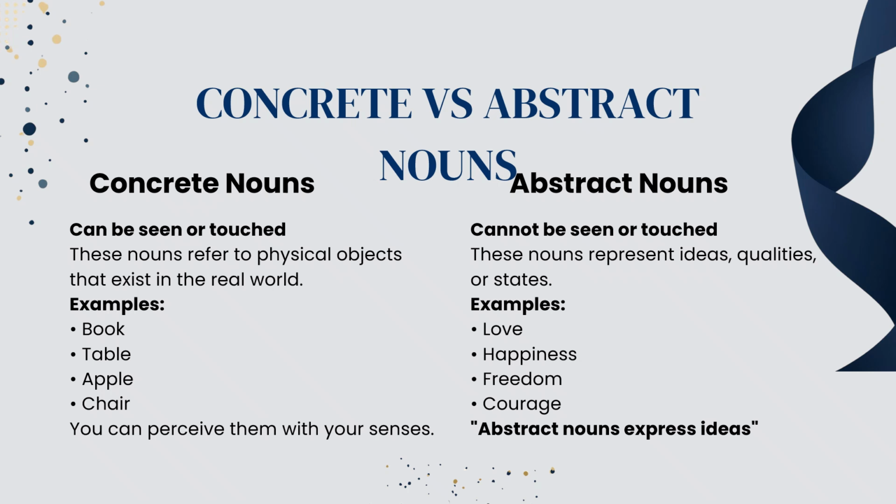Example: love, happiness, fear. You cannot touch love, but you can feel it. So abstract nouns represent emotions, ideas, concepts. This is where language becomes deeper.